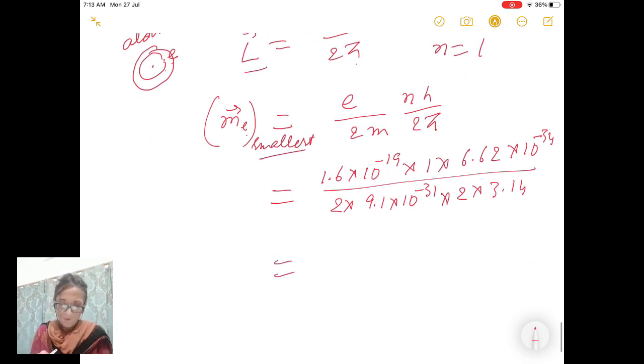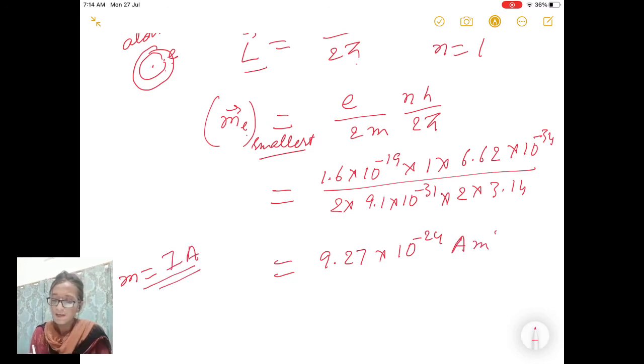This value comes equal to 9.27 into 10 power minus 24. Dipole moment is equal to I into A, so the unit is ampere meter square. This is the smallest dipole moment due to revolution of an electron in any atom.